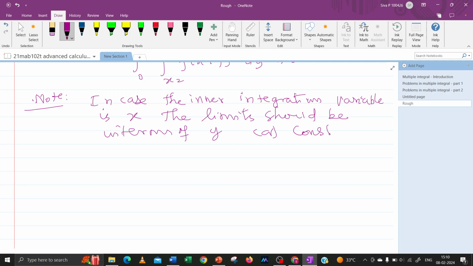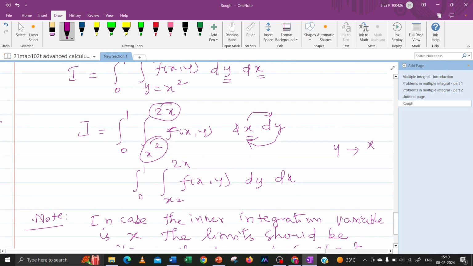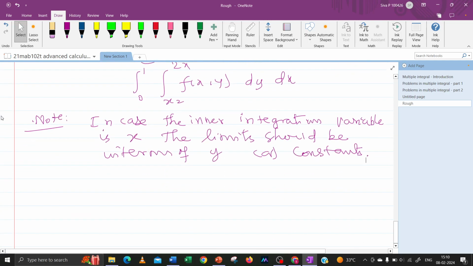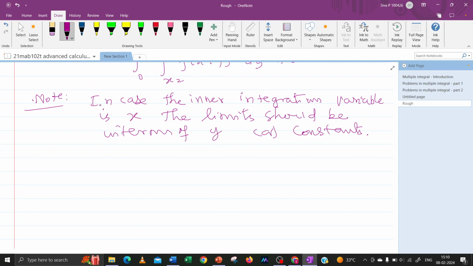But if the inner integration is x and the limits are also in x, it is totally wrong. Next, in case the inner integration variable is y, the limit should be in terms of x, is it not? So simply we can write here vice versa.